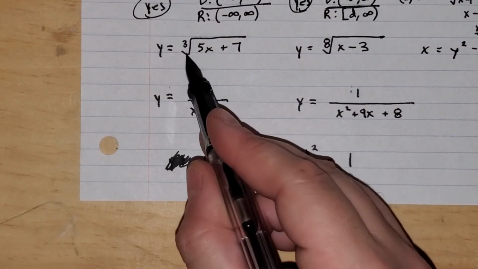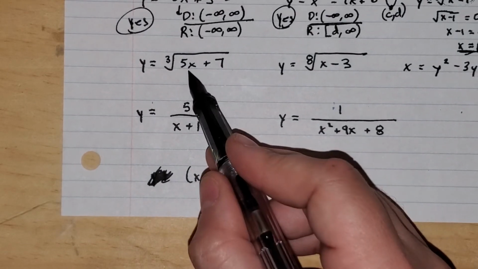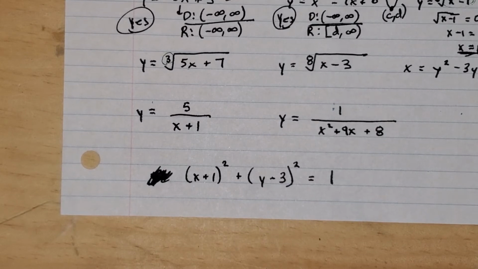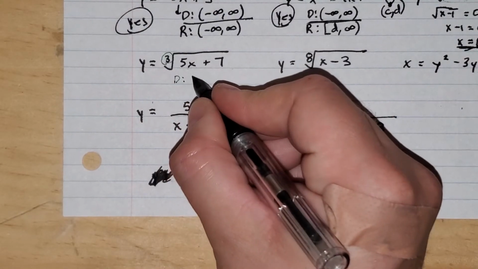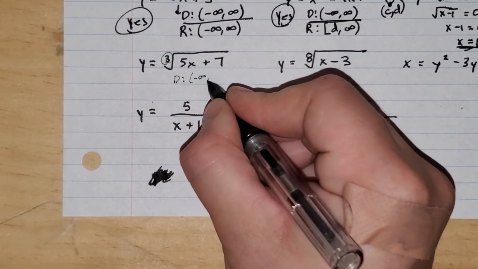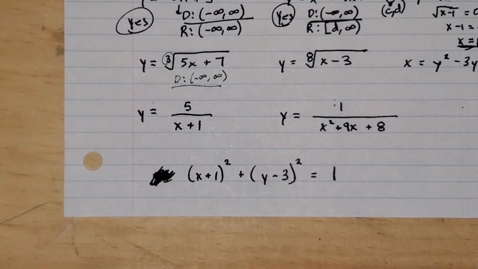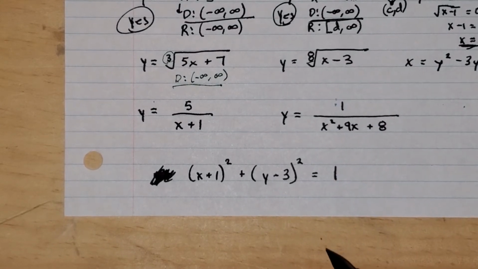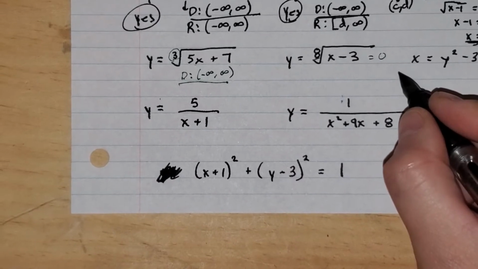Okay, how about here? Are we breaking a rule? Well, I'm not dividing by x, and I'm not taking an even root. Taking an odd root doesn't count. So what's the domain? The domain is going to be all real numbers. How about here? I am taking an even root, so I have to set this equal to 0.